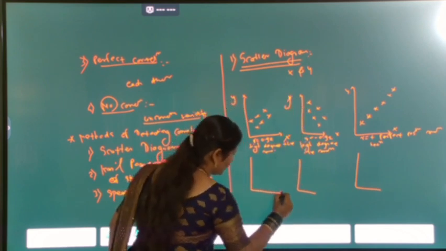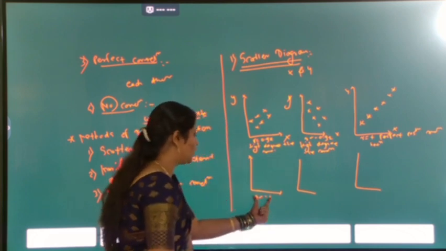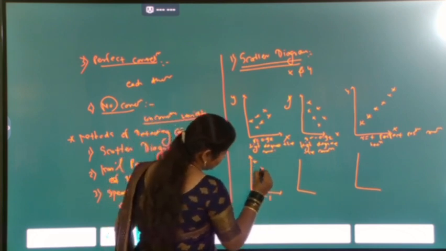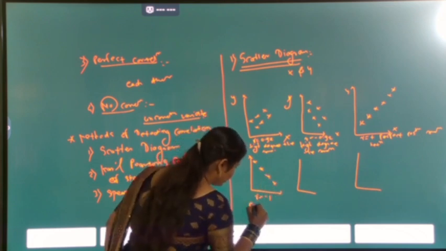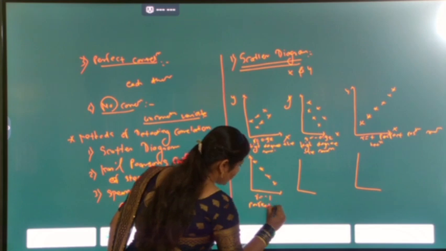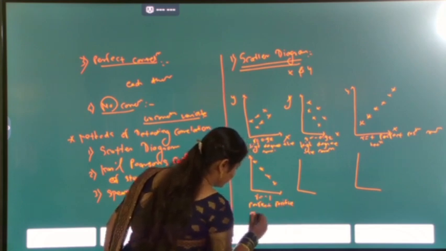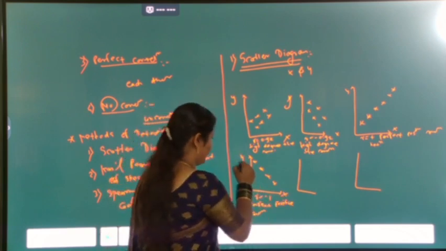Next diagram is r equal to -1, means there is perfect negative correlation between two variables x and y.